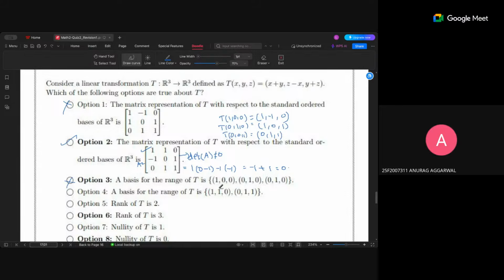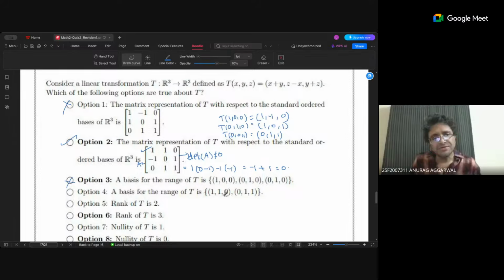Ma'am, (1,1,0) is the first row itself. R3 minus R2. You are looking at rows, but can you look at the columns? Because you are looking at the range of T. Look at the columns and tell me. No, ma'am. Ma'am, C2 minus C1 gives C3.